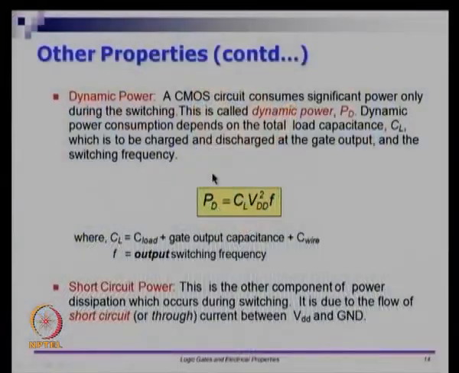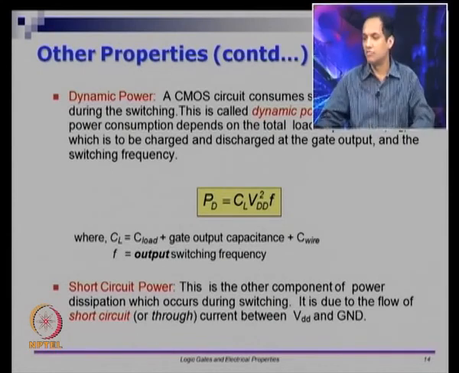So there is this notion of a dynamic power. Dynamic power is the power consumed because of gates which are switching, and it is usually expressed by this expression here. Dynamic power is proportional to the capacitance at the load. If from a gate you are driving another gate, the second gate is called the load to the first gate.